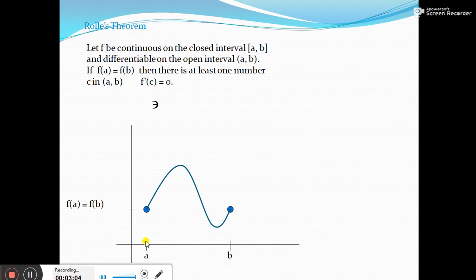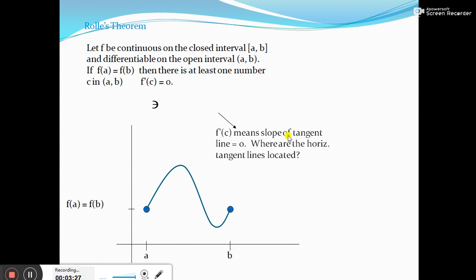Suppose here at this point A and this point B, this distance f(a) and this will be f(b), both are the same. Then there exists at least one point c in the open interval (a, b) such that f'(c) is equal to 0. Now you have to see this.